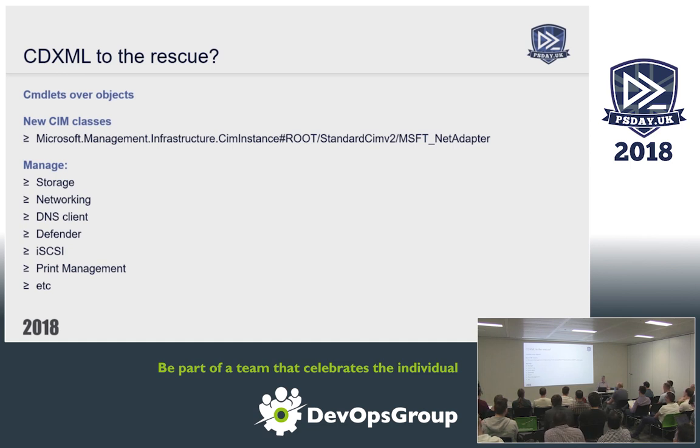Okay, so up until PowerShell v3, we were using CIM quite a lot because PowerShell did make it a lot easier. PowerShell v3, as I said, introduced CDXML. And this is the commandlets over objects technology. It's really only used with CIM classes.